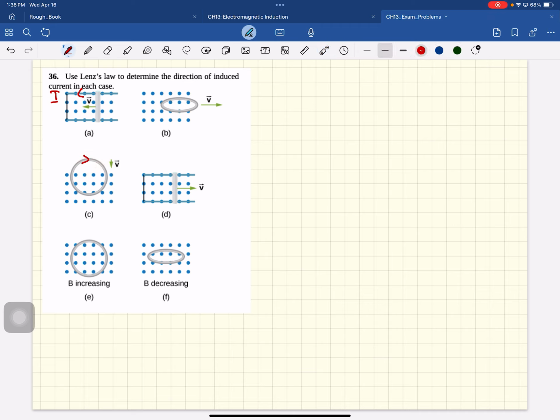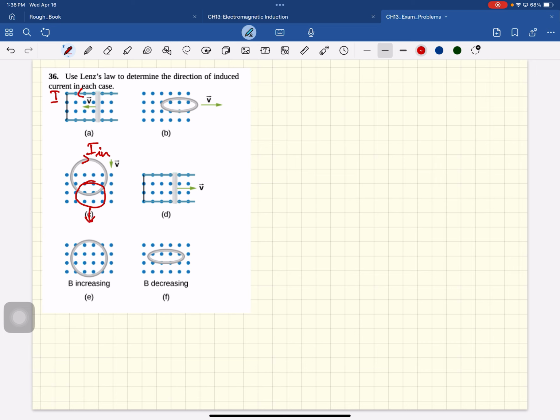Now let me ask you a slightly harder question. How long will this current be induced? As long as it's moving? Let's say the ring is here, it's still moving.